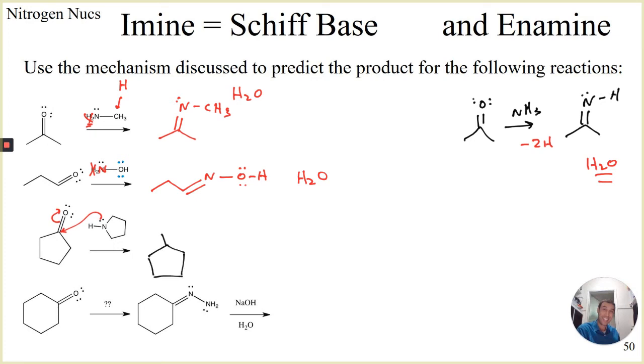Our new bond, here's our nitrogen, with that hydrogen on it, it would be positive. Old bond out to our oxygen with its negative charge. Well, we could fix some of that by getting rid of 1 hydrogen, which would fix the positive charge, and we could put the hydrogen on the oxygen. So that would fix that.